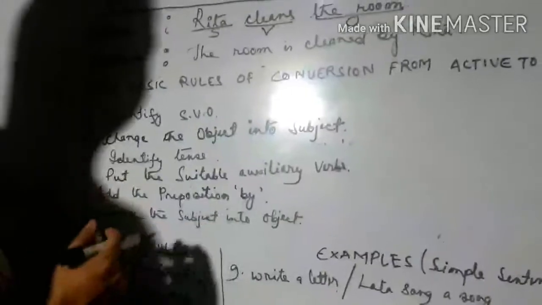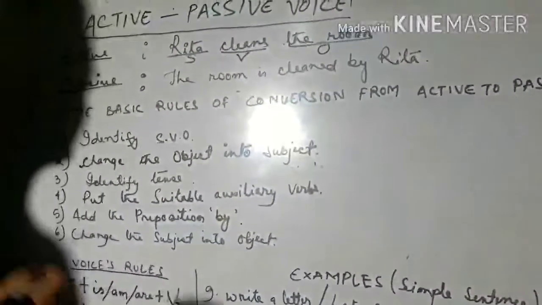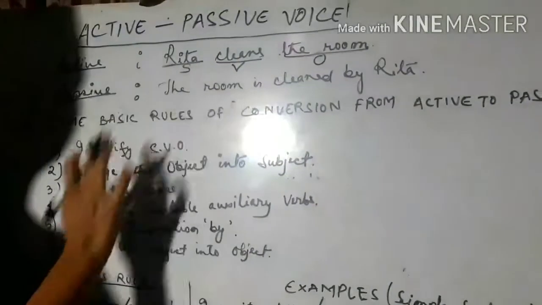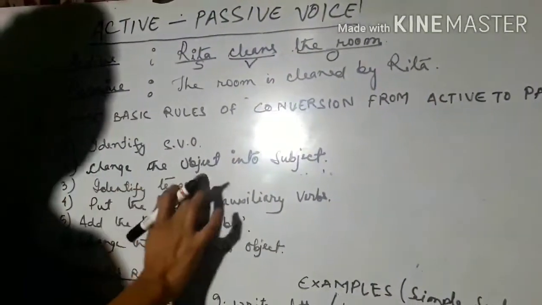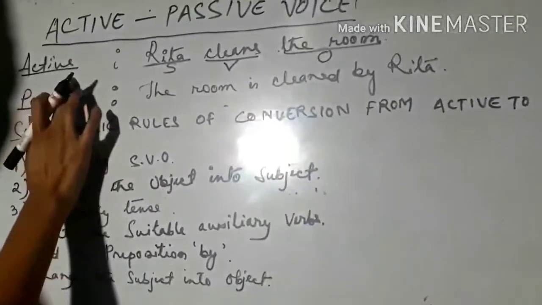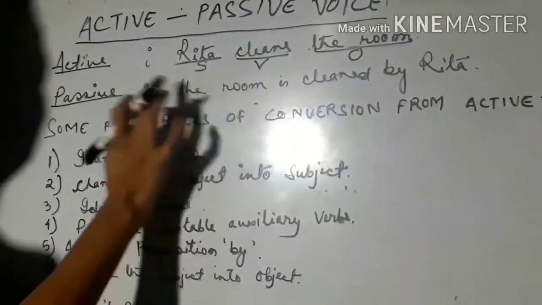Okay, now we have to identify the subject, verb, and object. Then, to make it passive, we first identify the subject, verb, and object. Then change the object into subject. The object of the active sentence becomes the subject in the passive sentence.